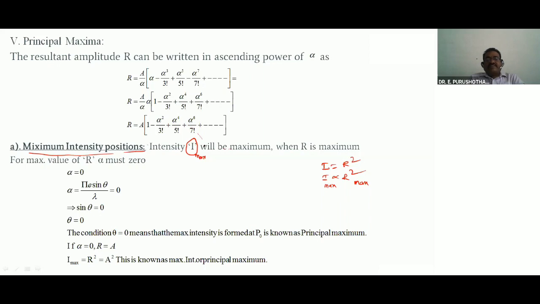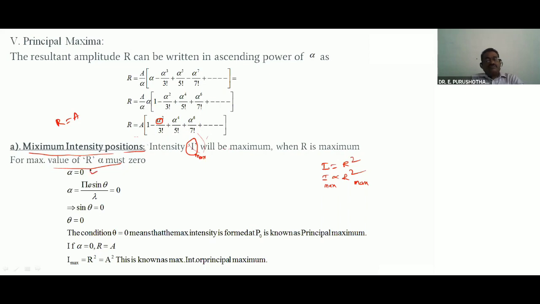This is the resultant amplitude. For maximum value of amplitude, if we get R is equal to A, that is the maximum value. To get R is equal to A, we should take alpha is equal to 0.